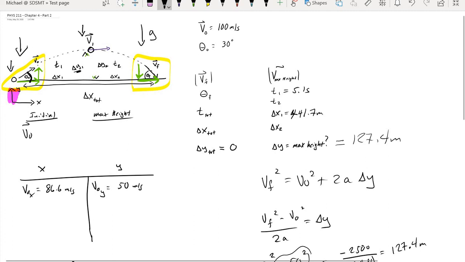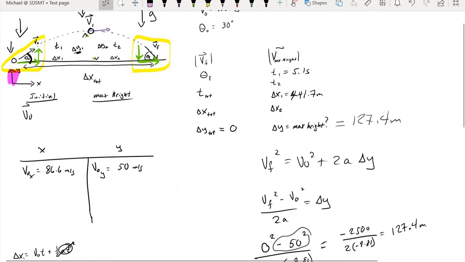So that's at least one benefit of starting back at the initial site, is that we already know what those values are going to be. And the final velocity component, when we get to the impact site, along the x direction, well, that should still be 86.6 because the acceleration along the x direction should still be 0.